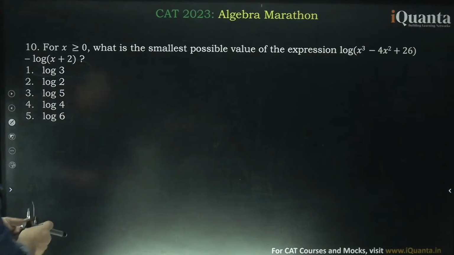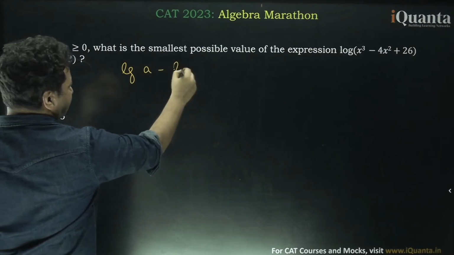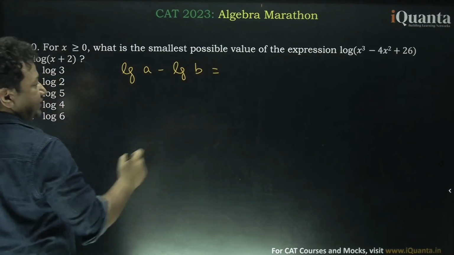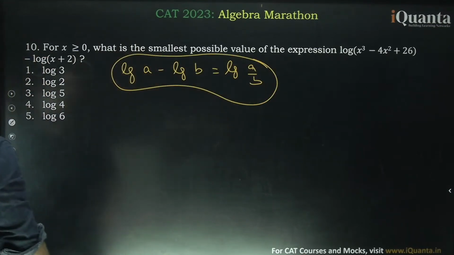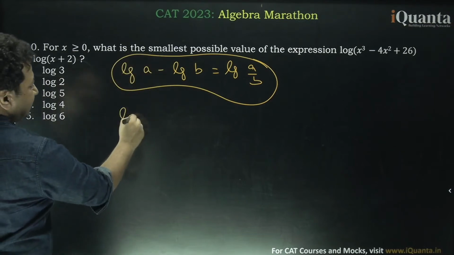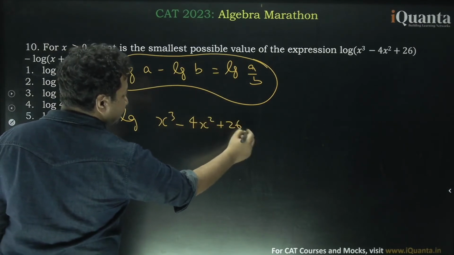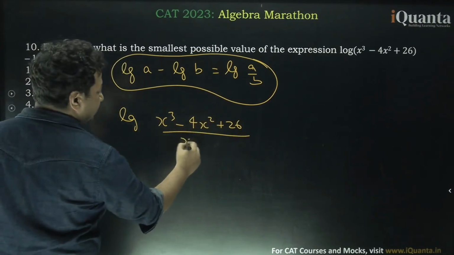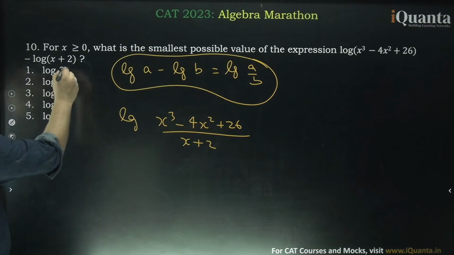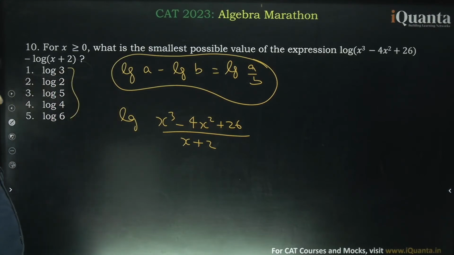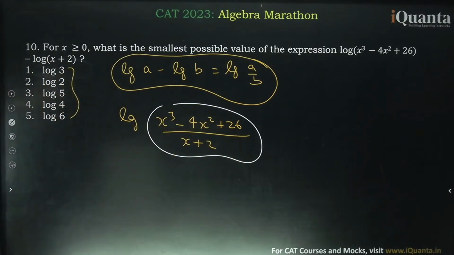Smallest possible value. Okay. So in logs, what happens when we have something like log a minus log b? This is equal to log a upon b. So we can write it as log of x cube minus 4x square plus 26 upon x plus 2. We have to minimize, and the options are given in form of log only. So log is not required, we just need to minimize this.